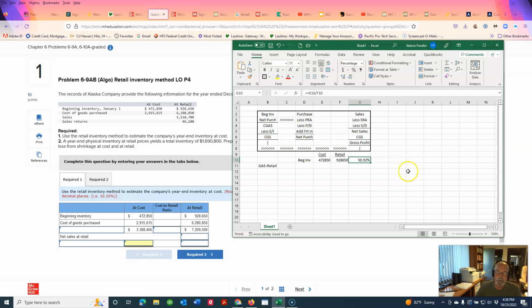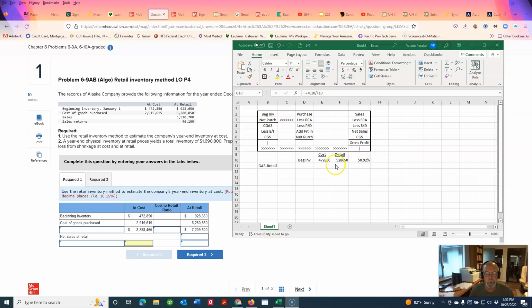What that means is that our markup is a related term, but it's a little different. Our cost to retail ratio is 50.92%, and we get this number by dividing our cost amount by our retail amount.